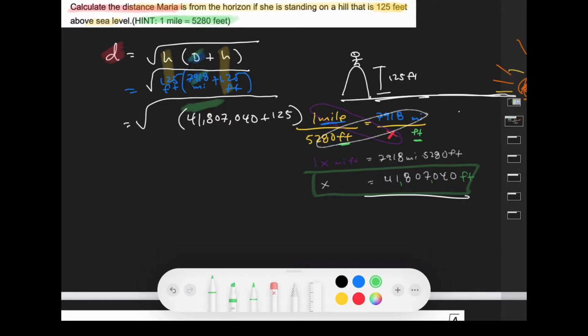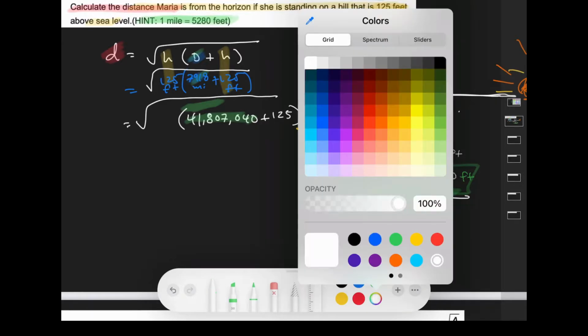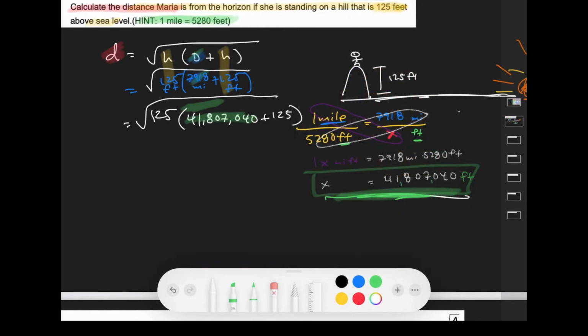So this was the green. And then I have 125. Order of operations, I'm going to do what's inside there first. So I'm just going to add 125 to that number. And you get it's basically the same number.